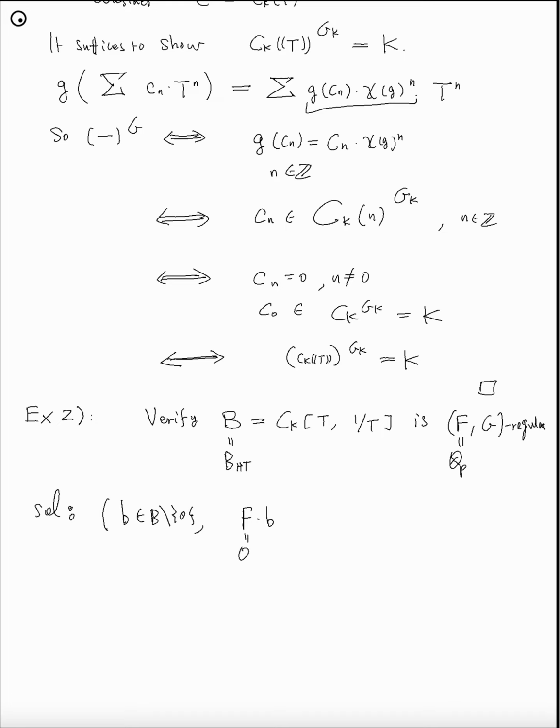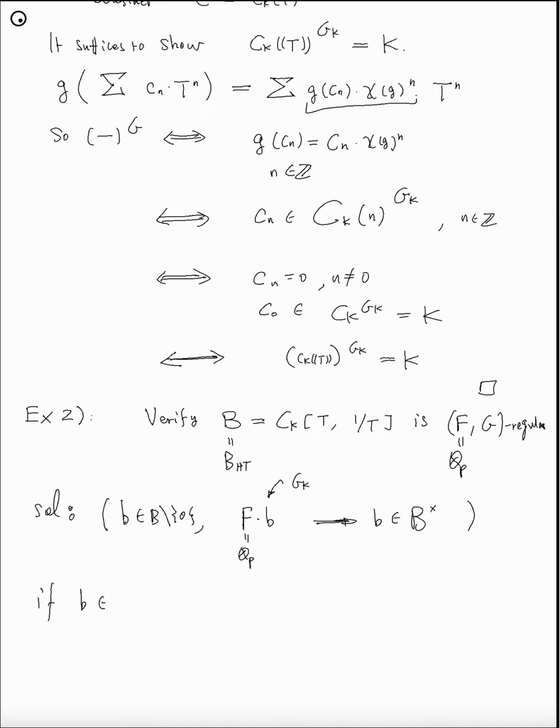What is F here? F is QP. This is GK stable, this line, then B is in the unit of B, right? So let's check it.